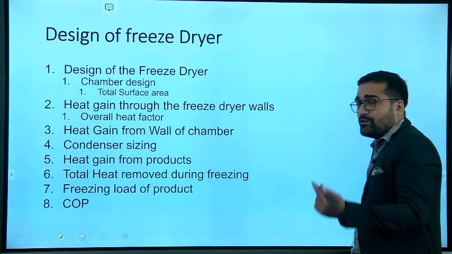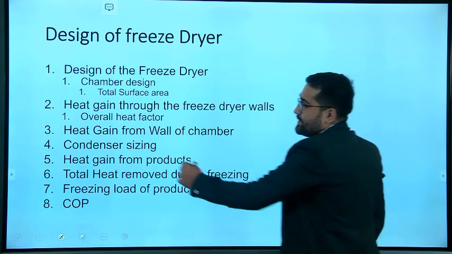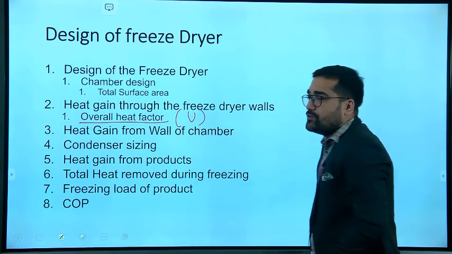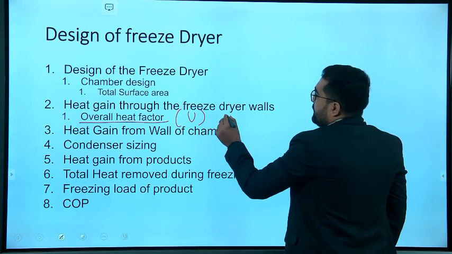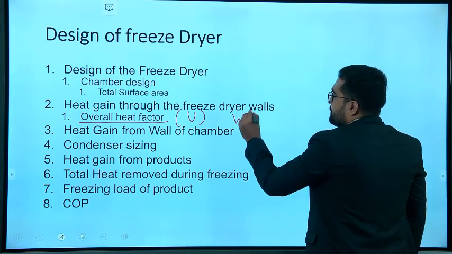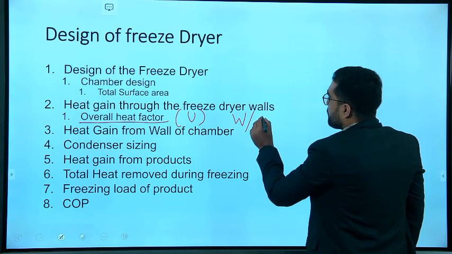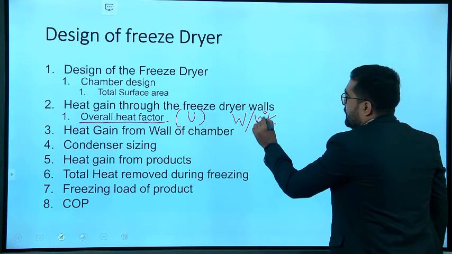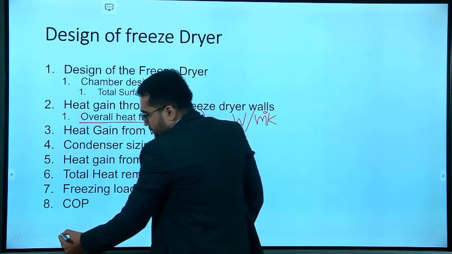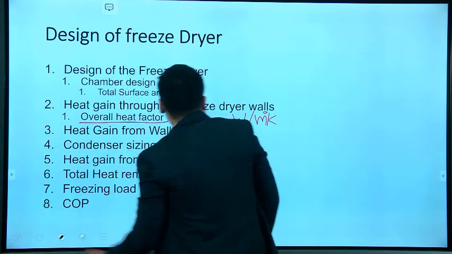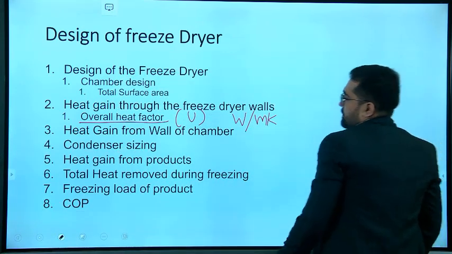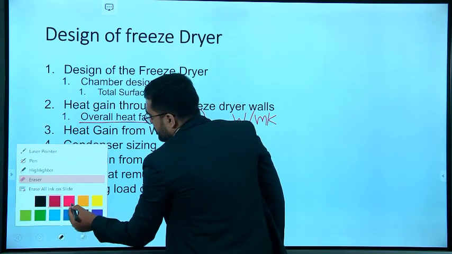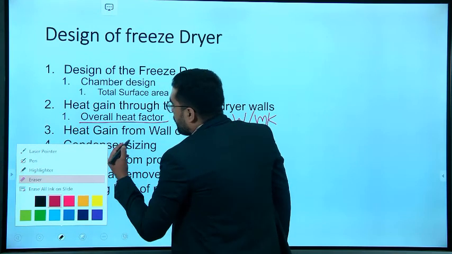So, how to find the heat loss? For that we need one term, the overall heat transfer factor, which we denote with U. The unit for this U is watt per meter degree Kelvin, which is the unit for the overall heat transfer coefficient.